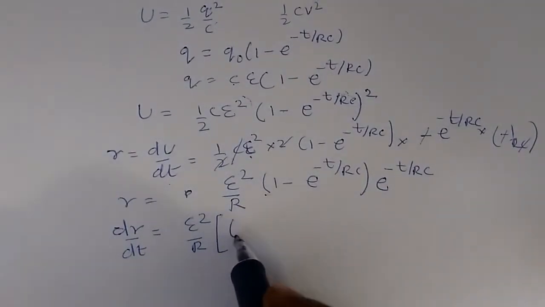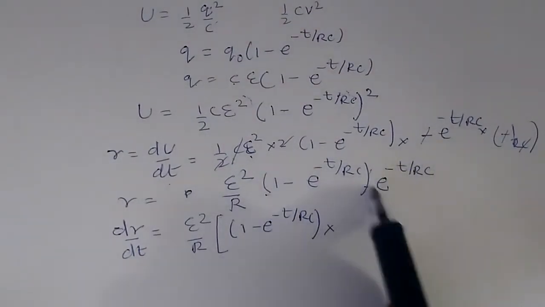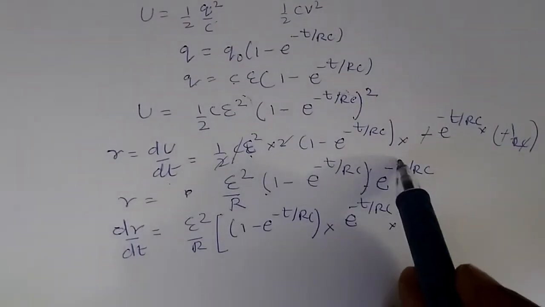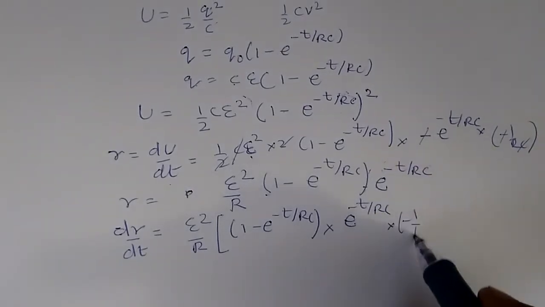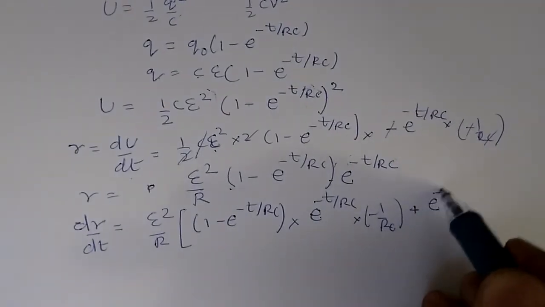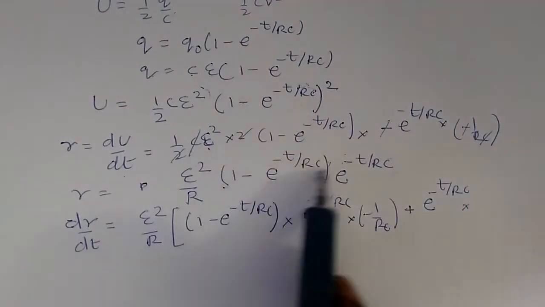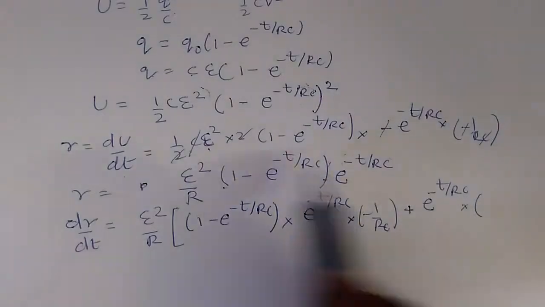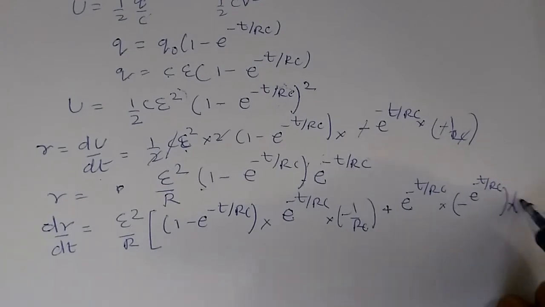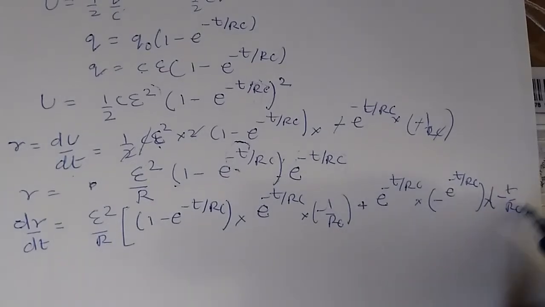First term, just write the first term, 1 minus e to the power minus t by RC multiplied by the differential coefficient of the second term, which is e to the power minus t by RC multiplied by the differential coefficient of this, which is minus 1 upon RC, plus the second term e to the power minus t by RC multiplied by the differential coefficient of the first term, which will be minus e to the power minus t by RC multiplied by differentiation of this term. This is minus t by RC.